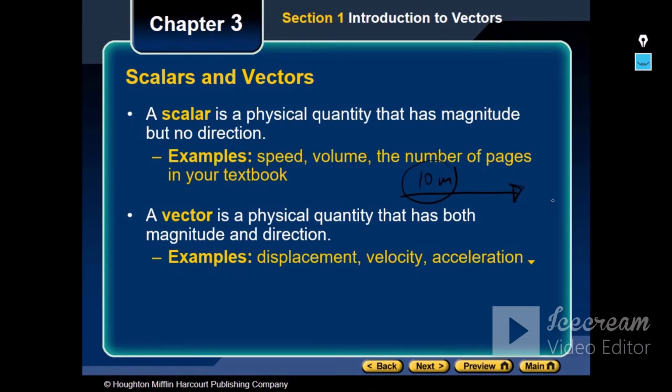That is a vector, like velocity, like displacement, like acceleration, and we took some examples about that in the last chapter. So a vector is a physical quantity that has both magnitude and direction, and all of our problems, inshallah, speak about vectors.